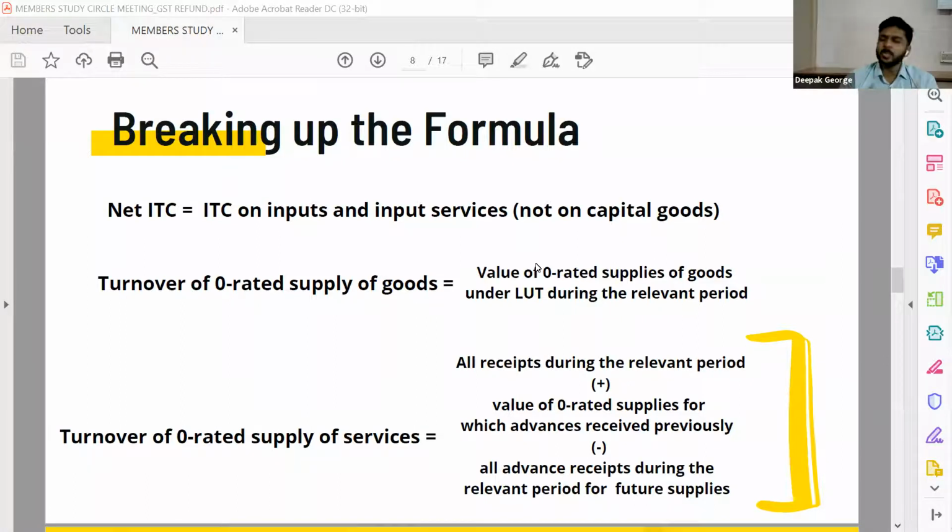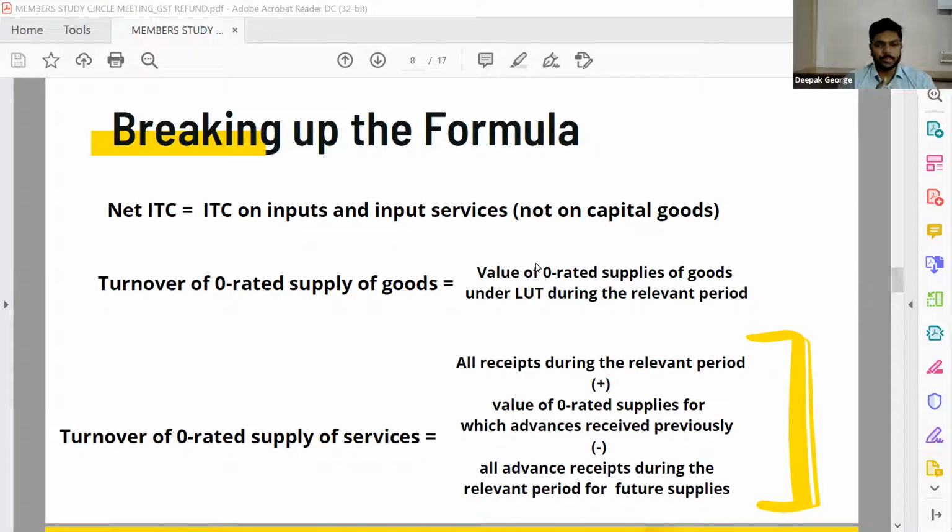Value basically, as per section 15 subsection 1 of the CGST Act, you determine the value. The chapter is valuation, where you determine what is the value of supplies for which you received advances previously, which basically means that today or for the relevant period, you are supplying services for which you already got the advance in the prior period. That you added.